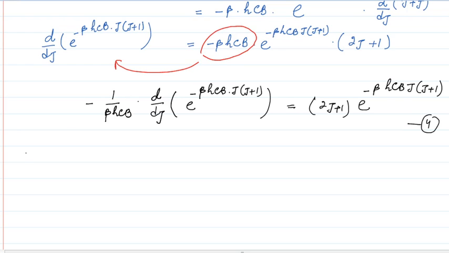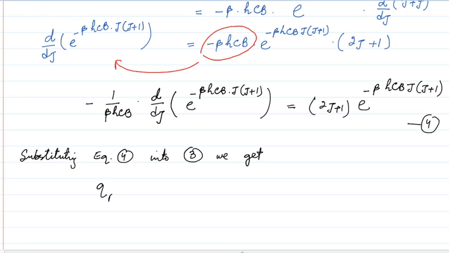Now what we will do, we will simply substitute equation 4 into equation 3. We get this relation. Rotational partition function will be equal to, this is constant, minus 1 upon beta hcb, so this can be taken out of the integral.